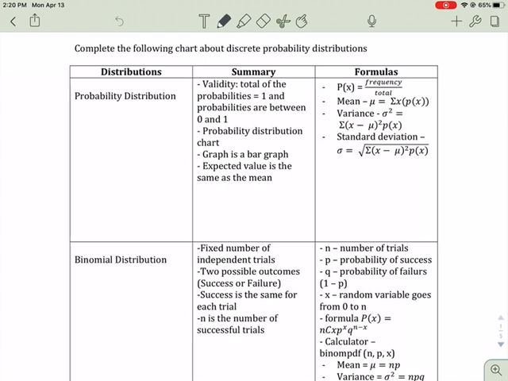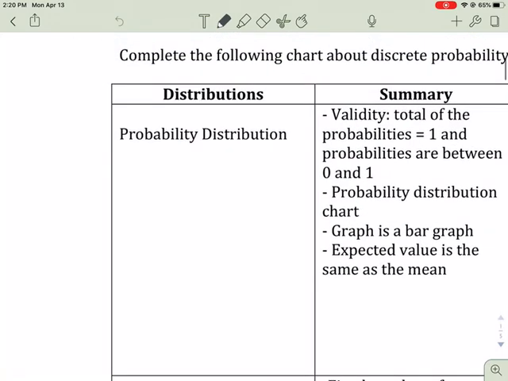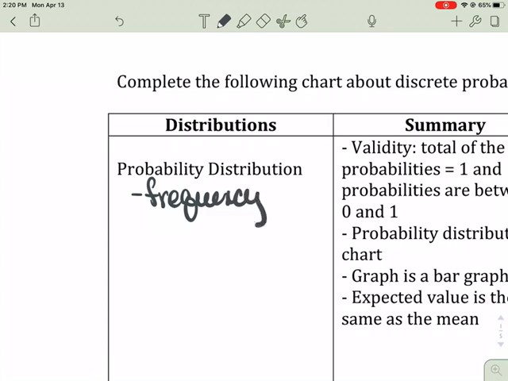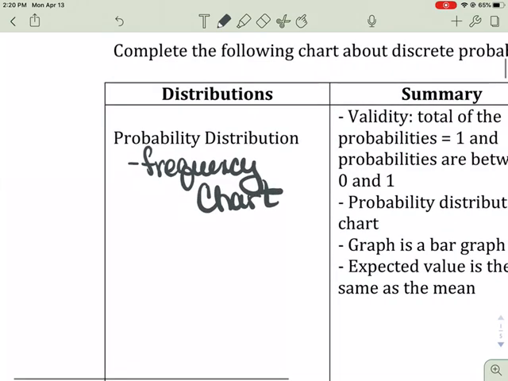So over here in the formula column, I have all the formulas that you would need. Remember, mean, variance, and standard deviation, we made that chart, and I gave it to you. So how do I know that something is just a regular probability distribution? This is when I usually give you a frequency chart, like the number of car accidents or the number of goals in a soccer team.